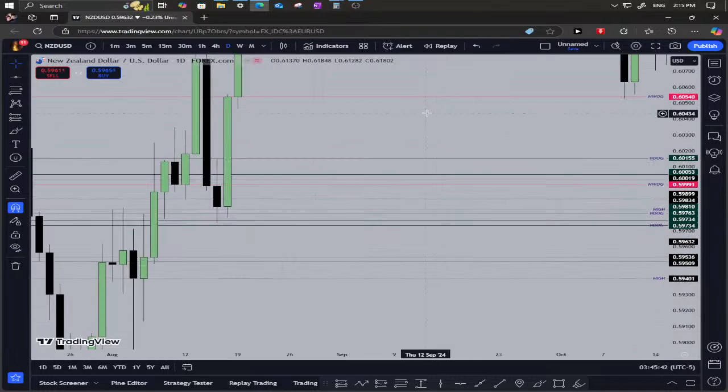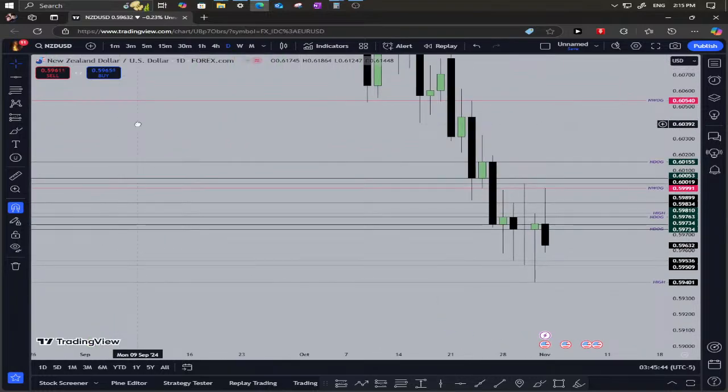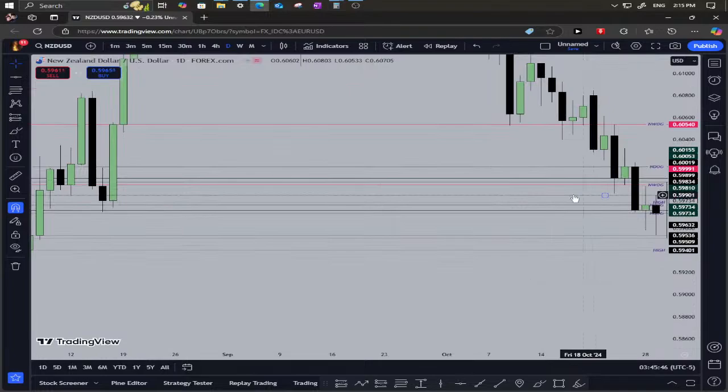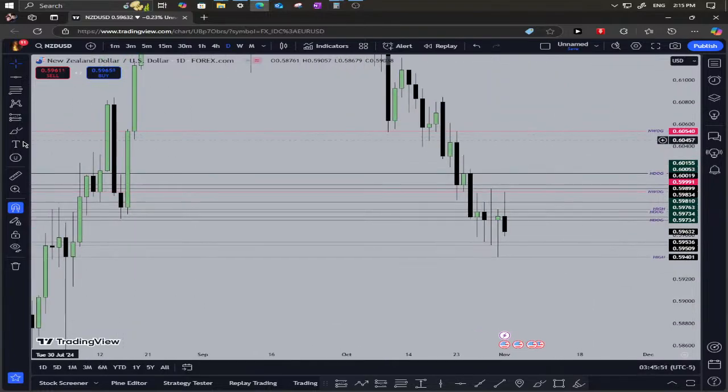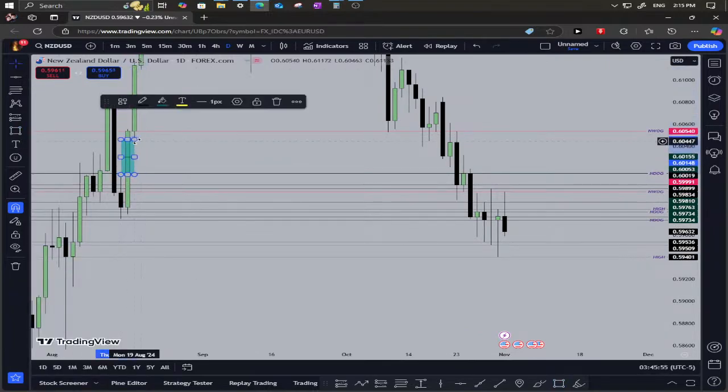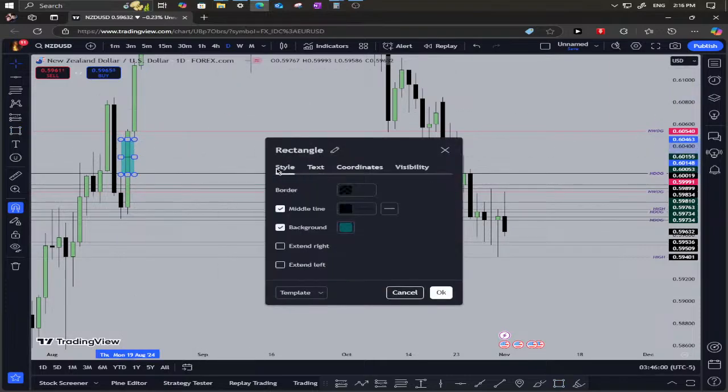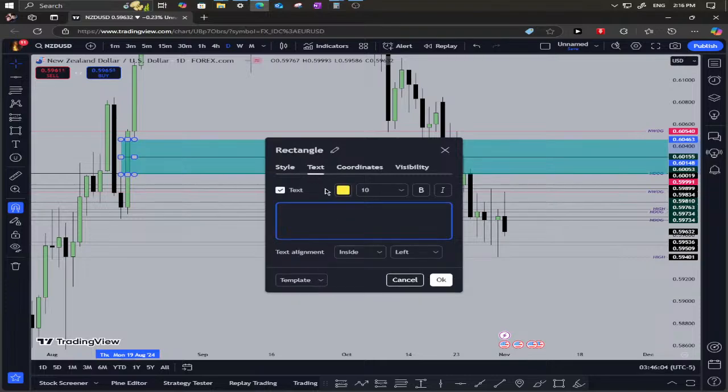Alright, so next thing is that there is a daily BC here, right? You can incorporate that also in your chart. This is the daily BC, and just extend this all over to the right, and don't forget to add the text here.